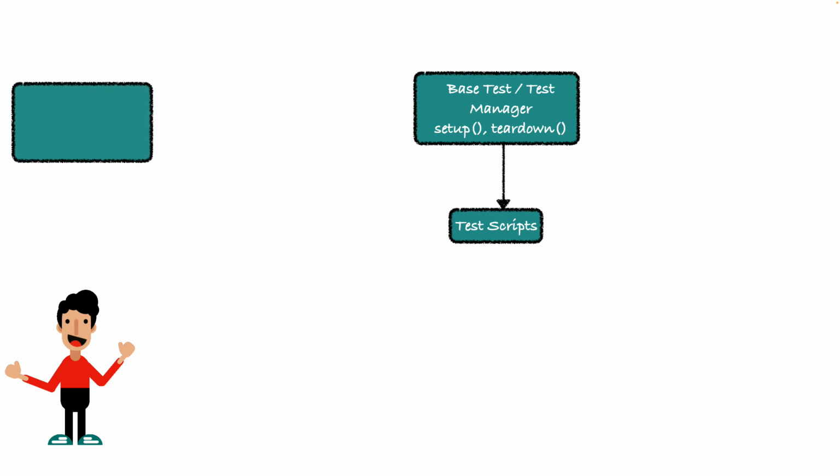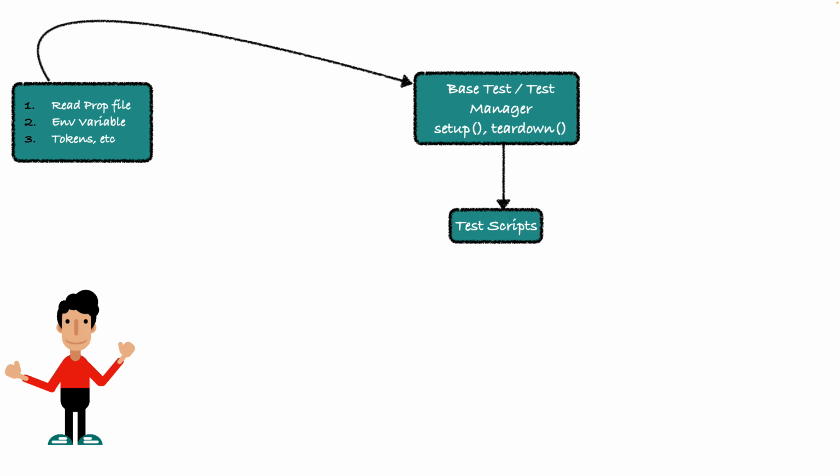Then the third component is the helper or the utilities which you might require during your automation execution. The first is a read property file. This will be a helper which will read the property files and provide you the values present in a file. Then environment variables and the tokens.